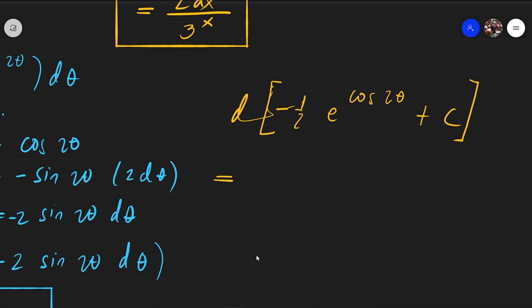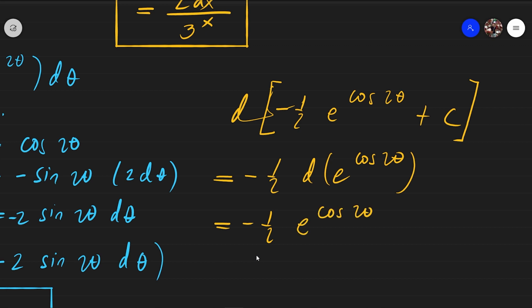This will be equal to negative 1 half times the differential of e raised to cosine 2 theta. Copy your negative 1 half. The differential of e raised to cosine 2 theta is e raised to cosine 2 theta times the differential of cosine 2 theta.